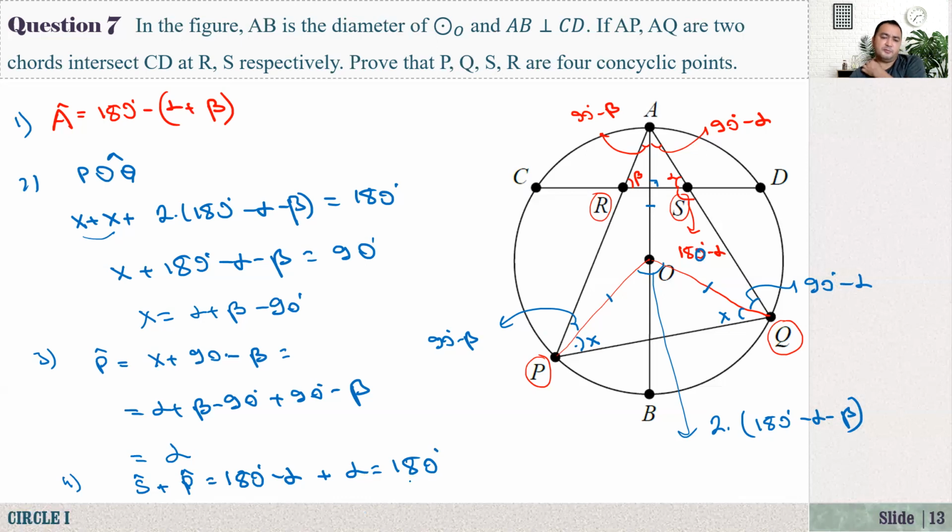Since by property 10, the sum of the opposite angles of a quadrilateral form supplementary angles, which means that PQSR form 4 concyclic points. That means the quadrilateral PQSR is a cyclic quadrilateral.